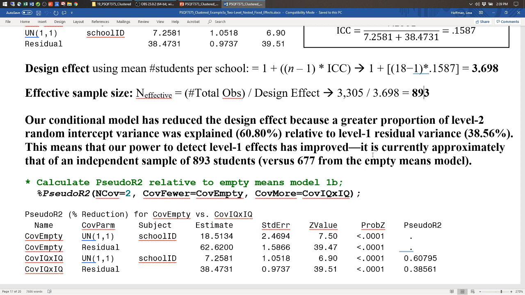But it's the opposite here. It would be more of a problem to ignore the dependency due to clustering in that case. But if you're doing the modeling correctly, you would never have a situation where you ignore the dependency no matter how small it gets. Other questions?